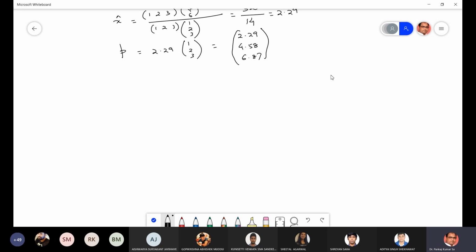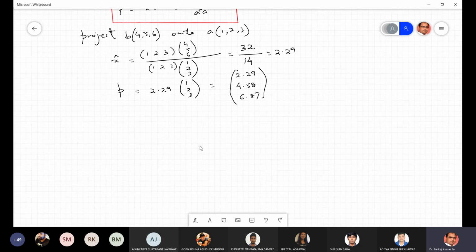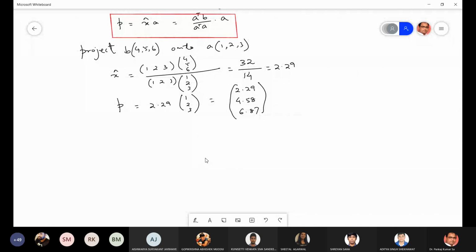Rather, they should have some amount of reasoning, isn't it? So people started working on that. So what is that aesthetics? So here comes the definition of projection matrix.